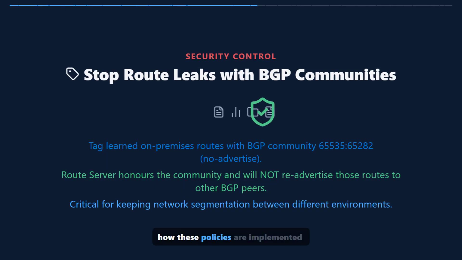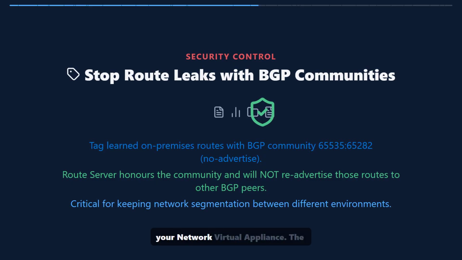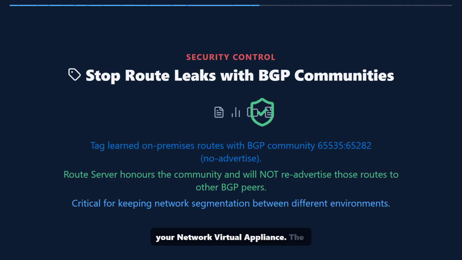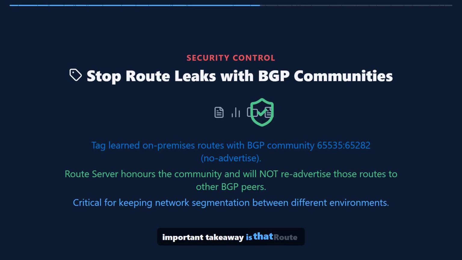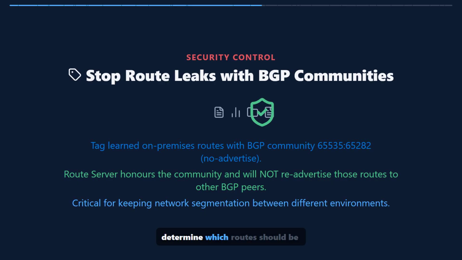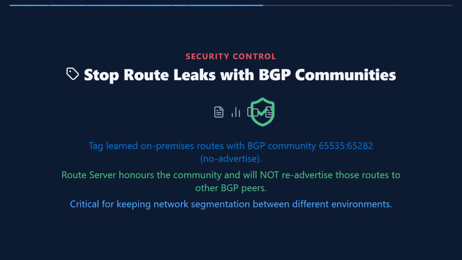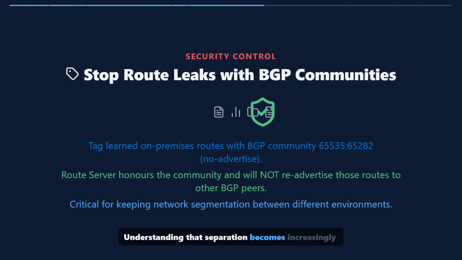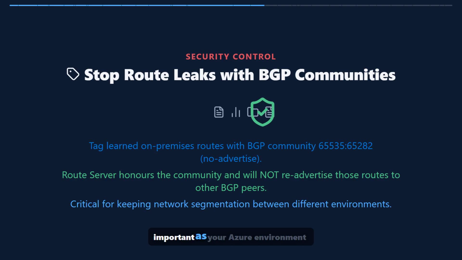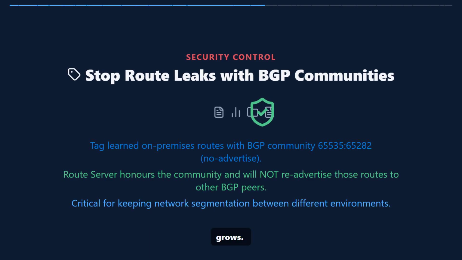Exactly how these policies are implemented depends on the capabilities of your network virtual appliance. The important takeaway is that Route Server distributes the routes it learns, while your routing policies determine which routes should be advertised in the first place. Understanding that separation becomes increasingly important as your Azure environment grows.